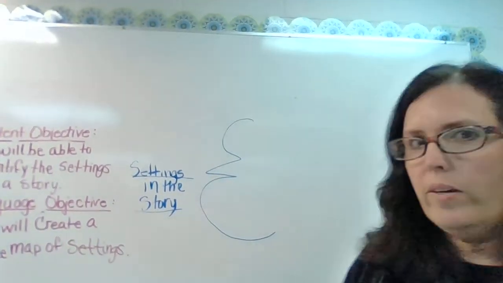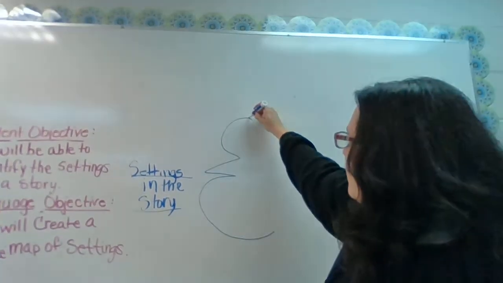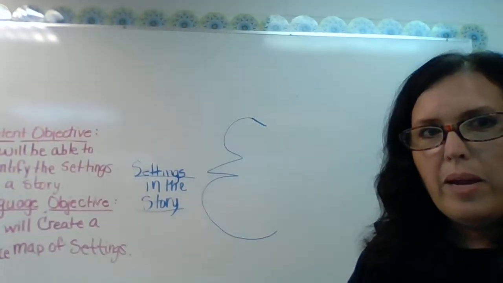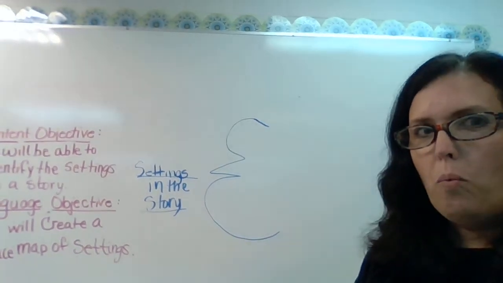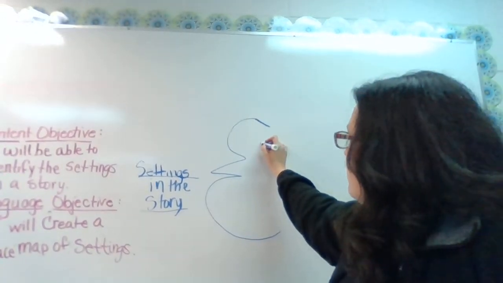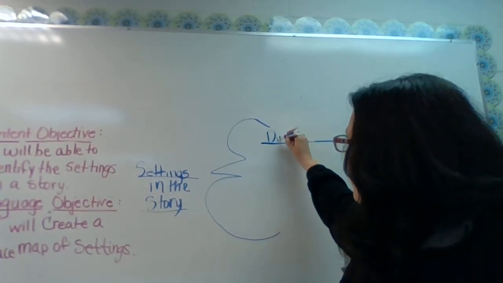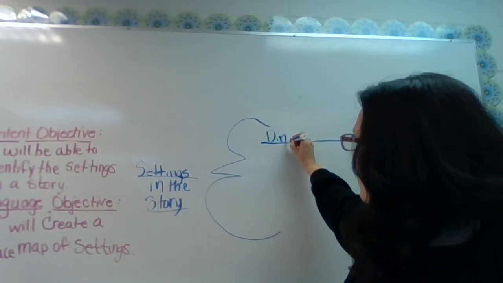Inside my map, I am going to put all the settings that we had in the story. One of the things was she was in the dining room having the birthday party.